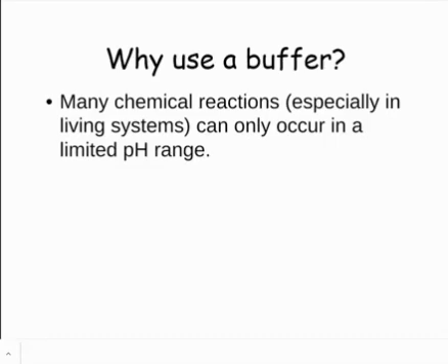So buffering systems help keep things at a normal state. Same thing with your blood. For example, you know that chemical reactions that we use in our body use oxygen and produce carbon dioxide.